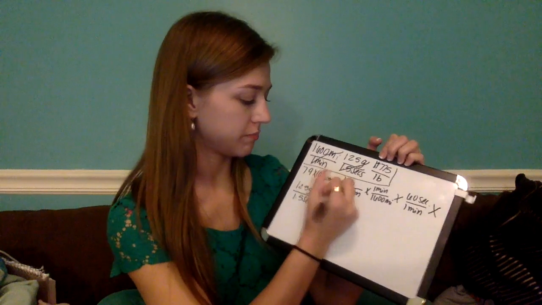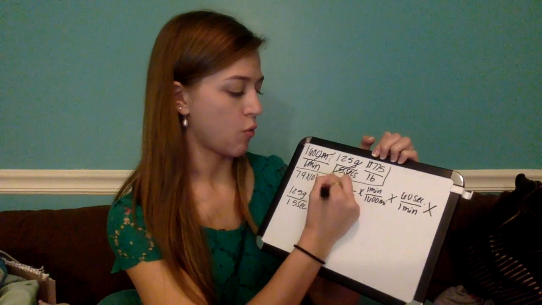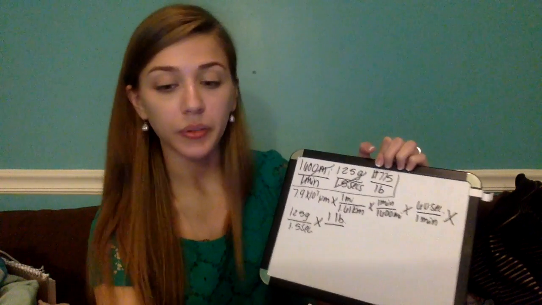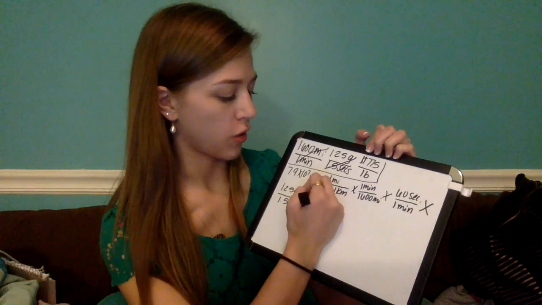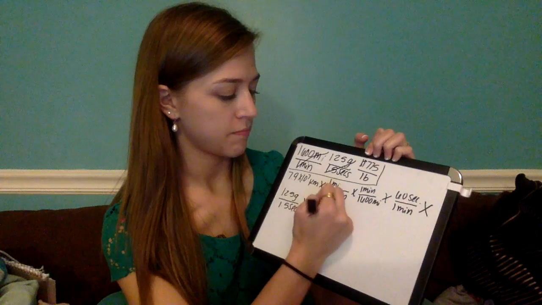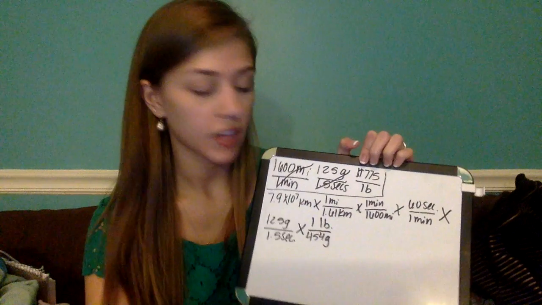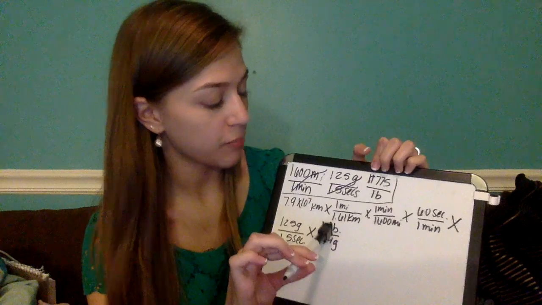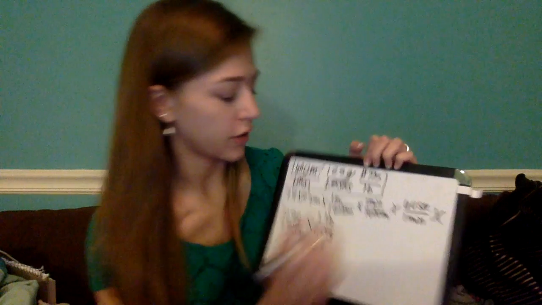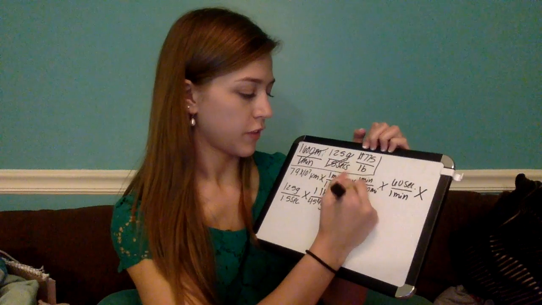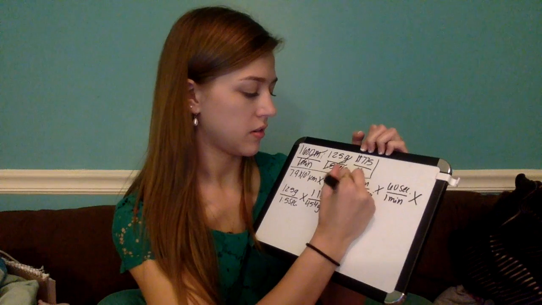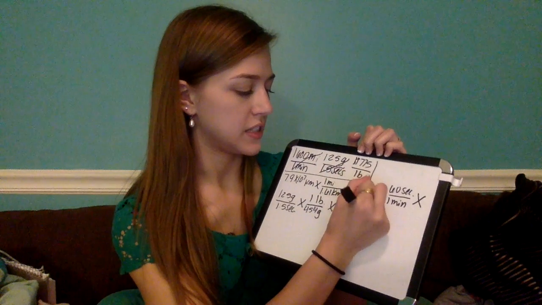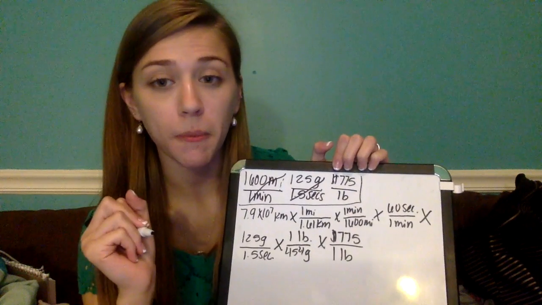So we know that for every 1 pound, there are 454 grams. Now that we have pounds, we can use our last unit conversion. For every 1 pound, there's $775.